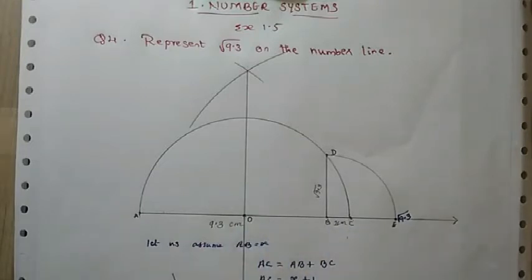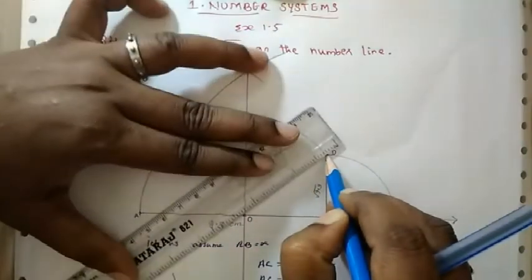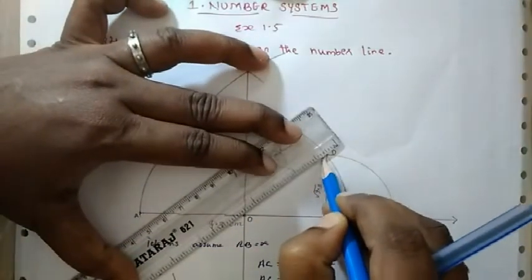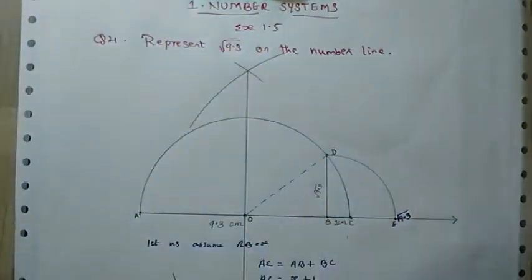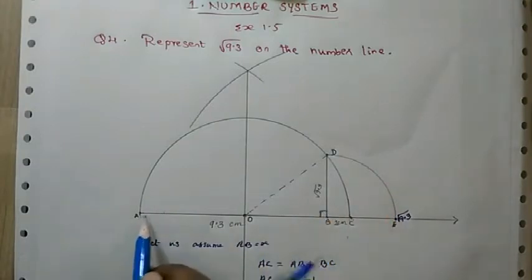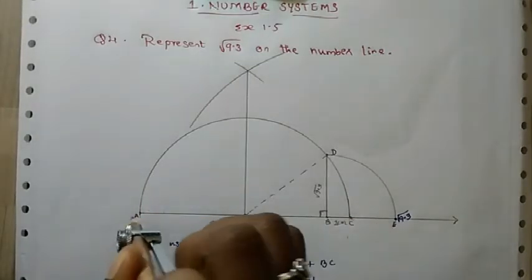Before that, let's join the point D with O. This is a right angle triangle. Now AO, this is a midpoint. I already told you that we had taken the midpoint. O was a midpoint.